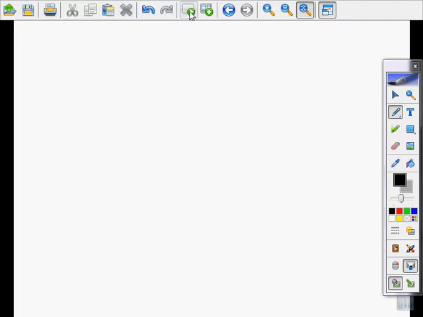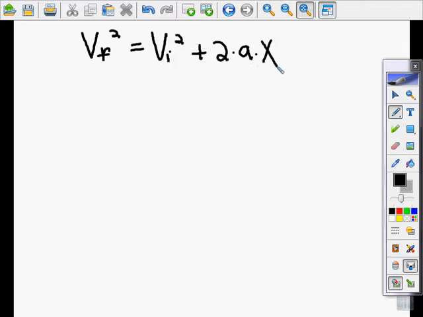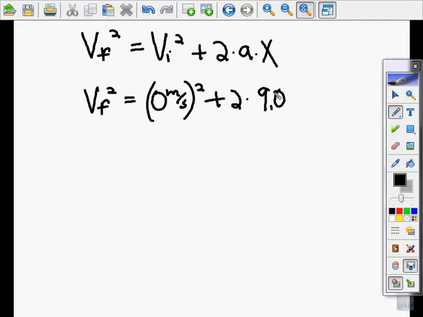So that shouts out vf squared equals vi squared plus 2 times a times x, and therefore the final velocity squared is going to equal 0 meters per second squared plus 2 times, what was that, 9 meters per second squared times 5 meters, and the final velocity equals the square root of 90.